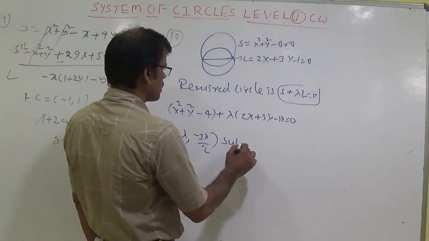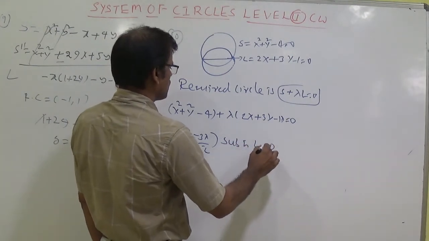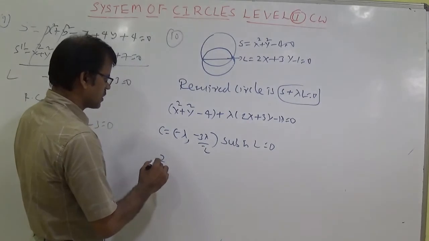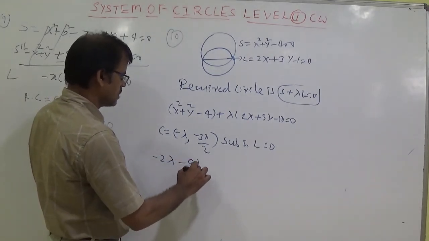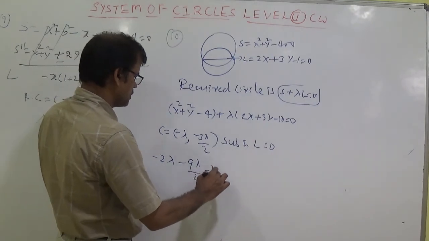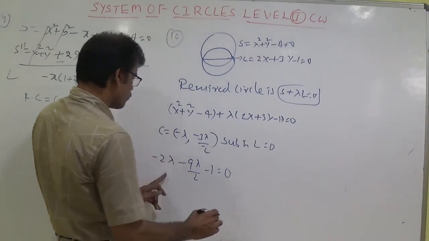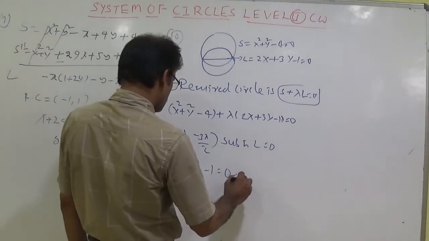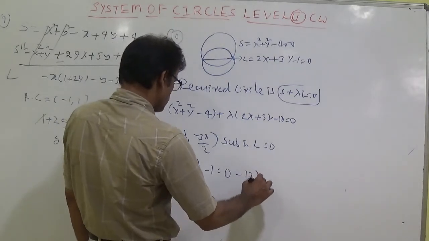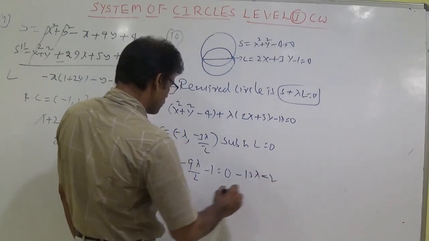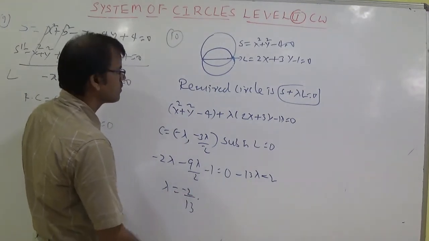Because this is the diameter, substitute this in L equal to 0. You can write minus 2 lambda minus 9 lambda by 2 minus 1 equal to 0. So minus 13 lambda equal to 2, lambda is equal to minus 2 by 13.